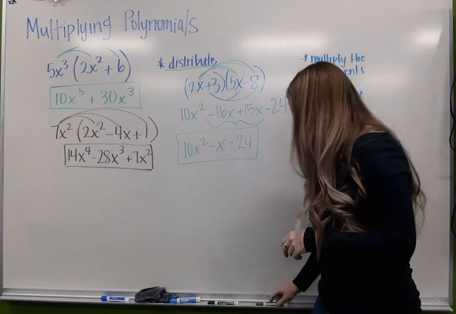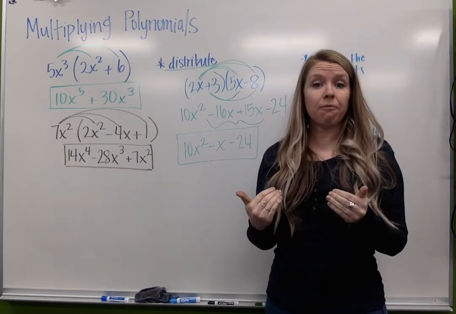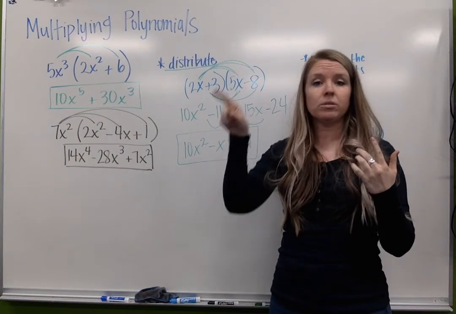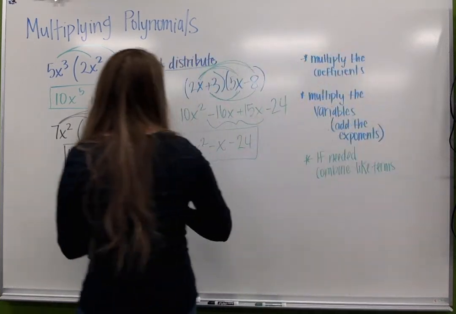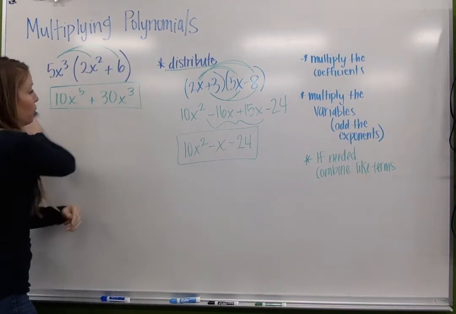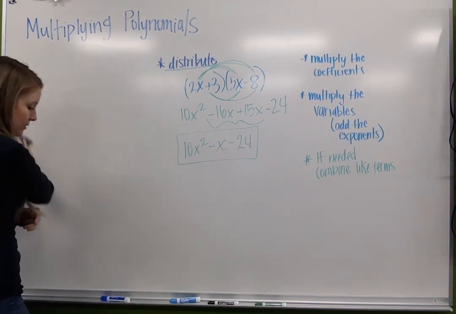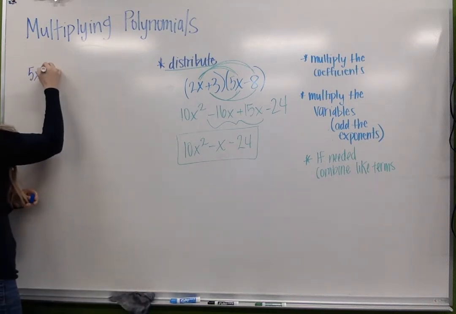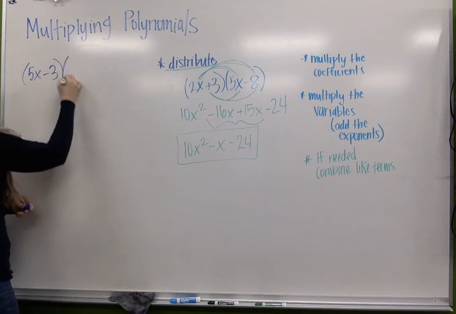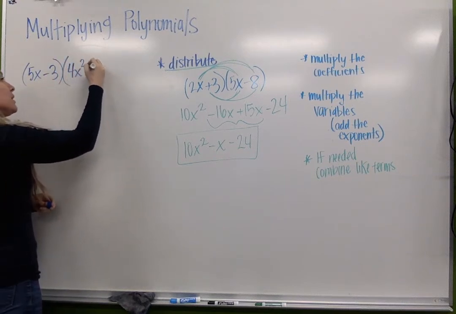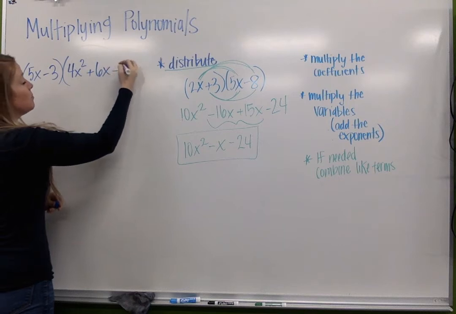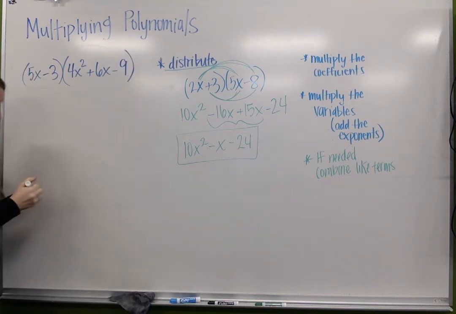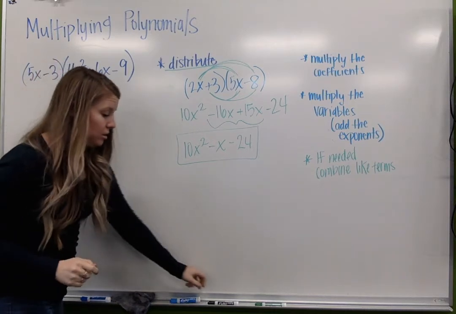Okay? From there, we could take it a small step forward, and we could do a binomial times a trinomial, where you just distribute to each term. So let's take a look at that before we say goodbye. All right. If I have 5x minus 3 times 4x squared plus 6x minus 9, again, we're just distributing.